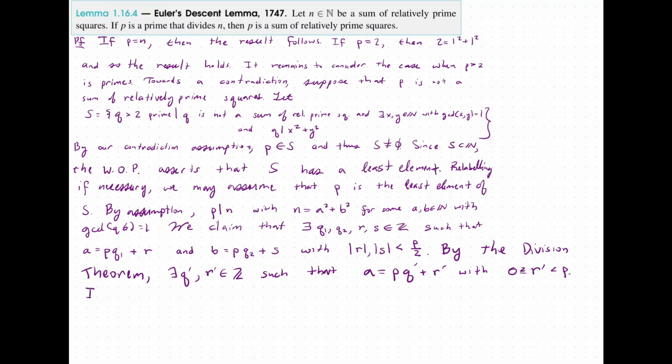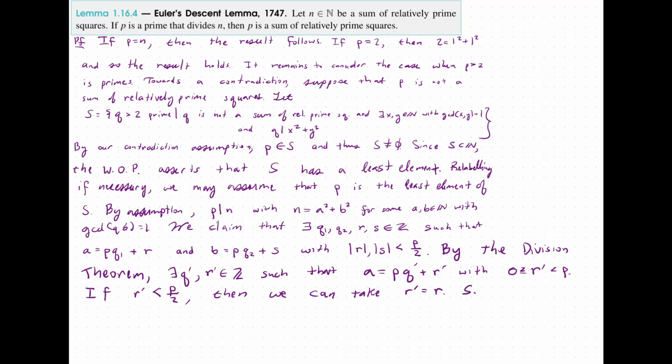If R prime is less than P over 2, then, I put absolute value, but keep in mind R prime, we're using the division theorem, this is non-negative, so I went ahead and removed the absolute value. So if R prime is less than P over 2, we can take R prime to be equal to the R that we want. And so that will show the claim.